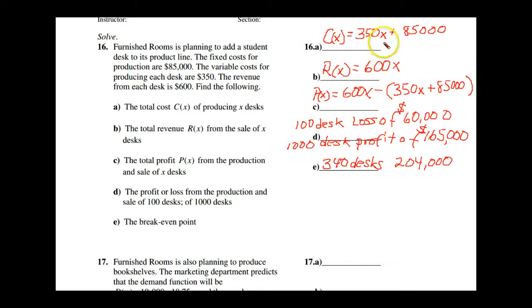And if you put 340 for X, that will give you $204,000. That's the break-even point. So you have to take in this much money for selling this many desks to break even. And we've worked that. All right, let's go on.